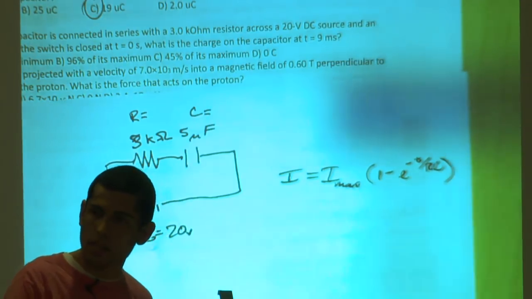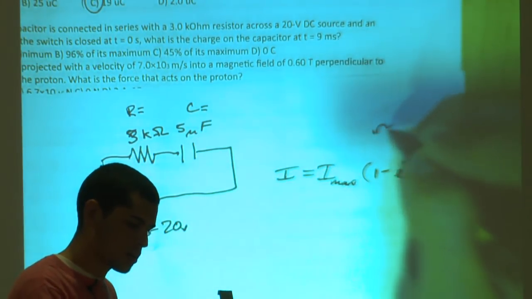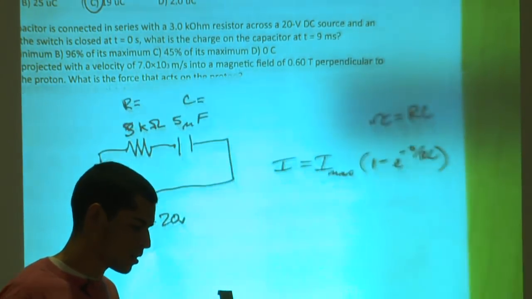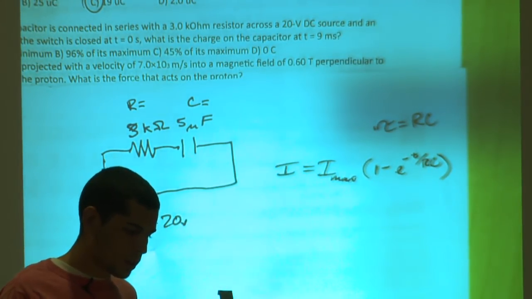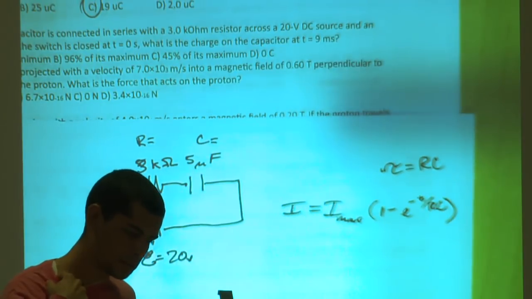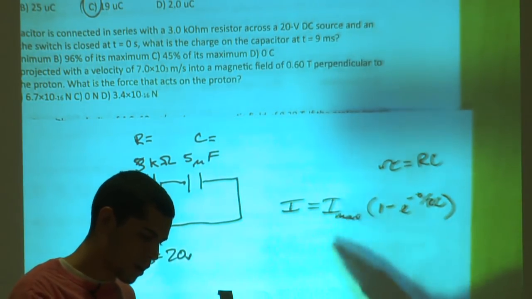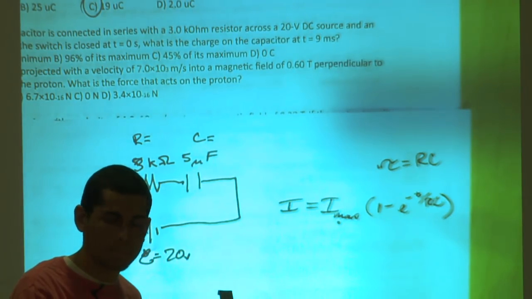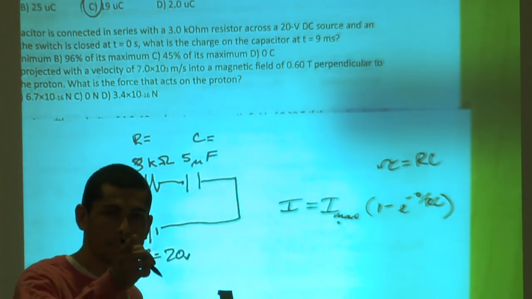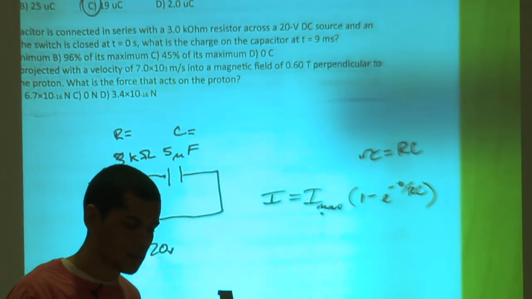RC, where RC is our tau. So tau equals RC, and that's our time constant. Looking at this equation, the exponent is negative t over RC, right?